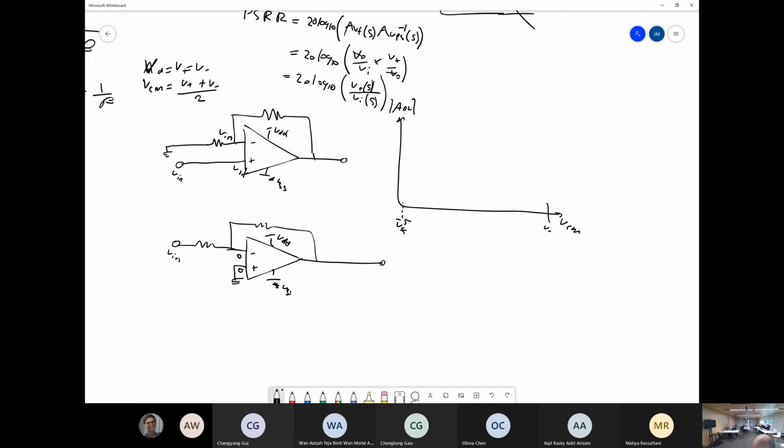And this is VDD, this is 5 and this is 0. If this is always 0, I know my AOL is going to be very large, 10 to the 6 or something. On happy days, my open loop gain is always going to be this. It's never going to change. But for this one, when I start wandering with my common mode voltage, what actually happens is this.